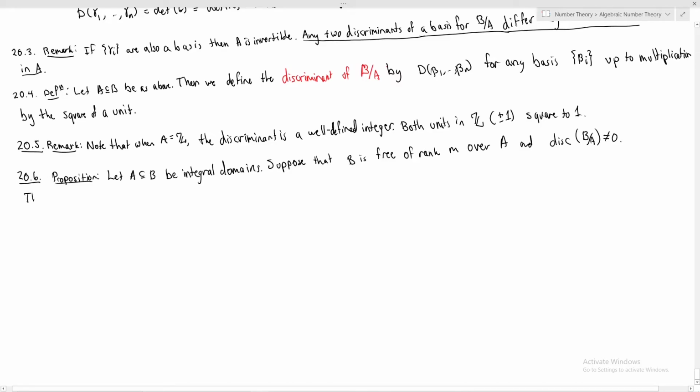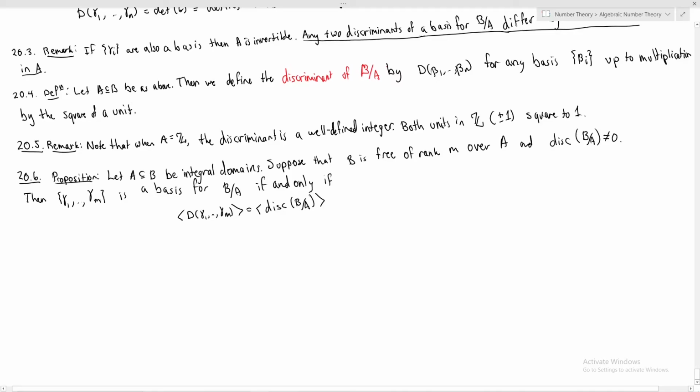Okay. And the claim is then a collection gamma 1 through gamma m is a basis for B over A if and only if the ideal generated by the discriminant of these gamma 1 through gamma m is the same as the ideal generated by the discriminant of B over A. Note again, it doesn't matter which representative in A I pick for the discriminant, they all give me the same ideal generated here.